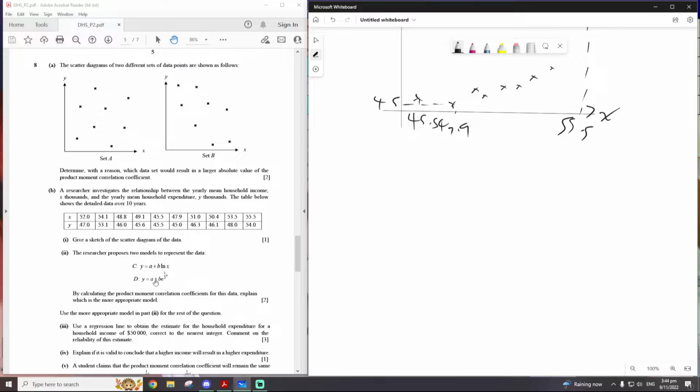Then you compare L3 with L2 and L4 with L2 using the regression function on your GC, and you will get the respective r values to be 0.817 and 0.939.